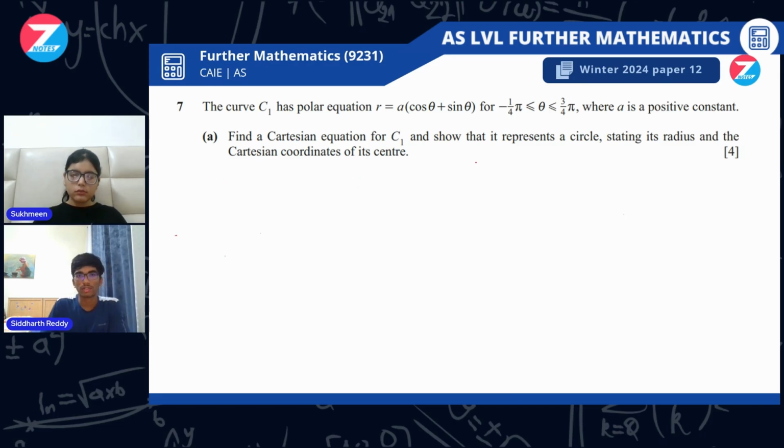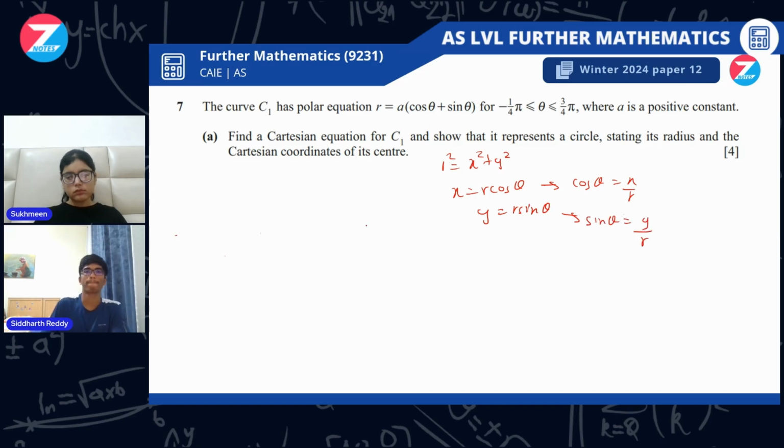So these are the three things you should remember. r square is equal to x square plus y square, x is equal to r cos theta and y is equal to r sine theta. So here cos theta we can write as x by r, and sine theta we can write as y by r. So substituting that, r is equal to a into x by r plus y by r.